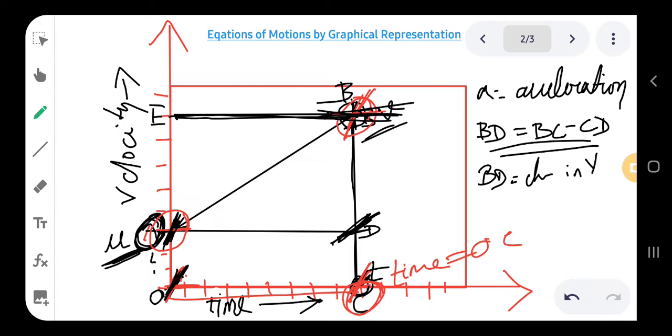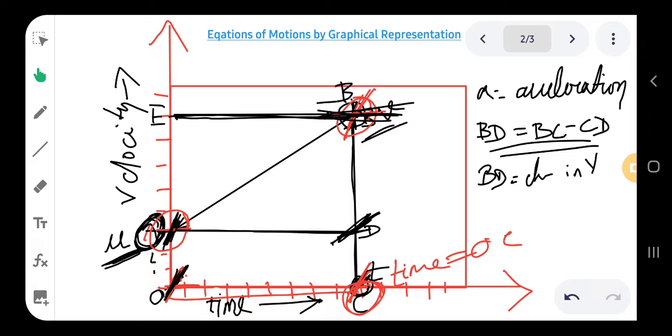Then let us draw AD parallel to OC. This is our AD, parallel to OC. Where is OC? This. AD is parallel to OC, I told you before. Now from the graph we observe that BC equals BD plus DC.